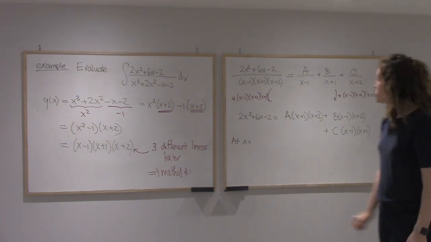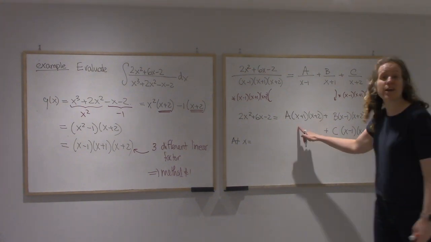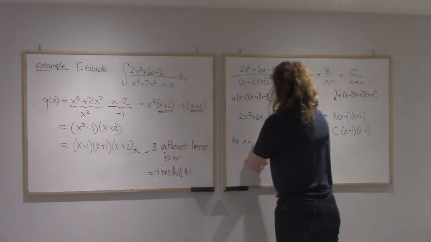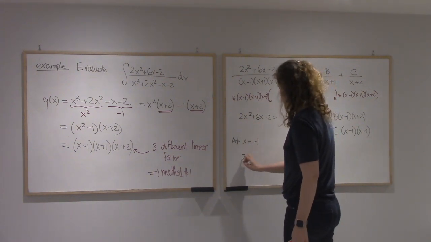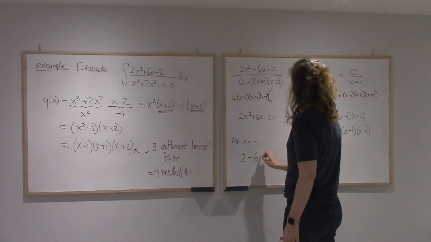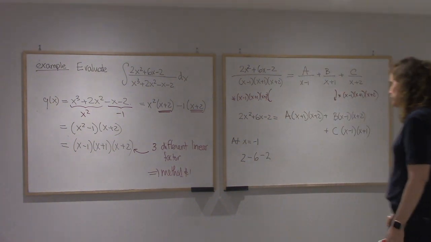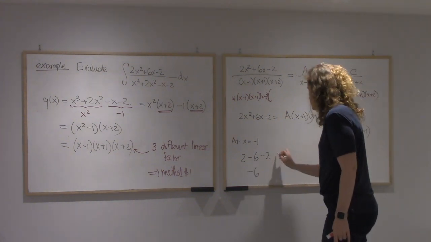Which x would you start with? We can take minus 1 first. On this side, we'll get 2 minus 6 minus 2. So we get minus 6.